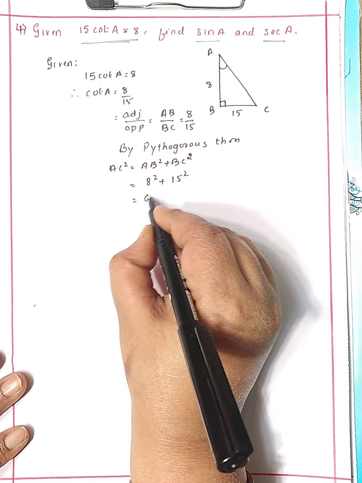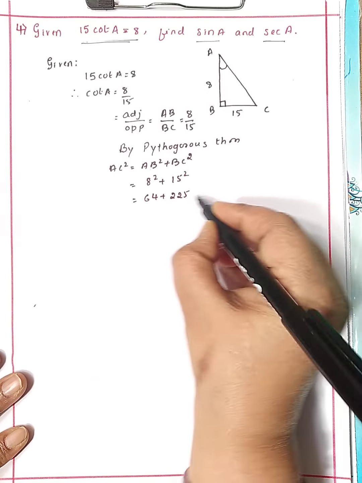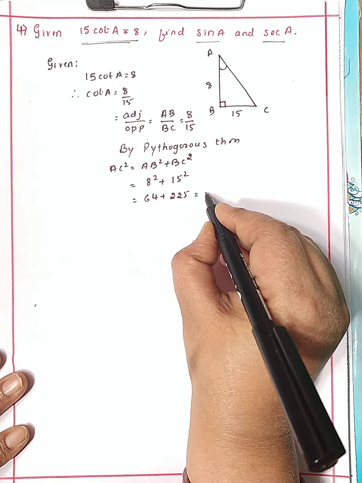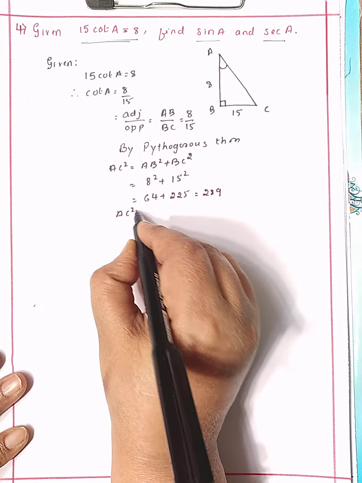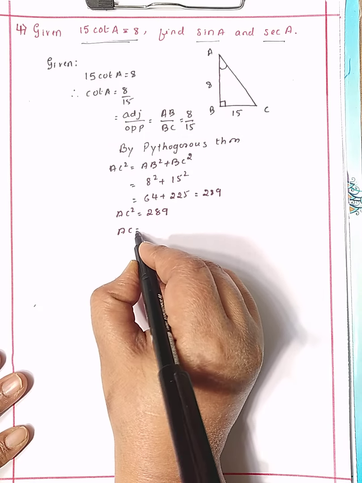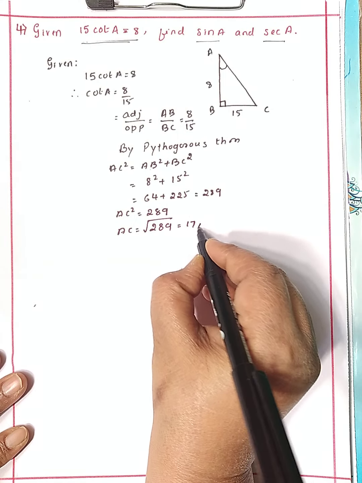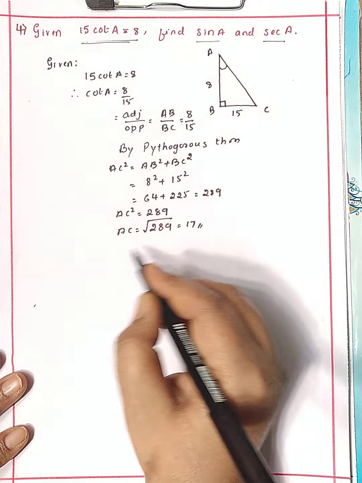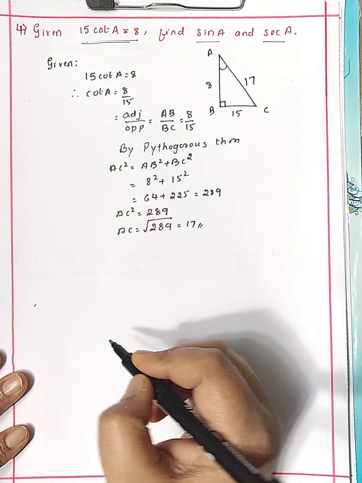Square of 8 is 64 and 15 square is 225. 64 plus 225 is 289. Then AC square equals 289, AC equals square root of 289, that is 17. So we got AC equal to 17, and this is the hypotenuse.